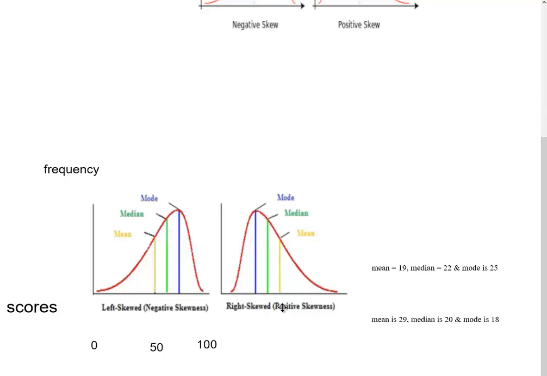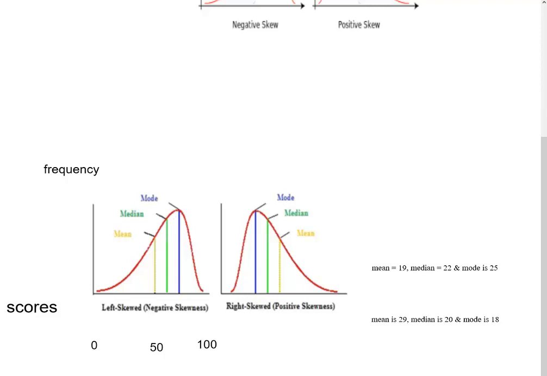So we should always be looking at where most of the scores lie. A lack of data, very little data in the negative zone, means the scores are skewed over here in the positive zone. And vice versa here, most of the scores are in the negative zone.